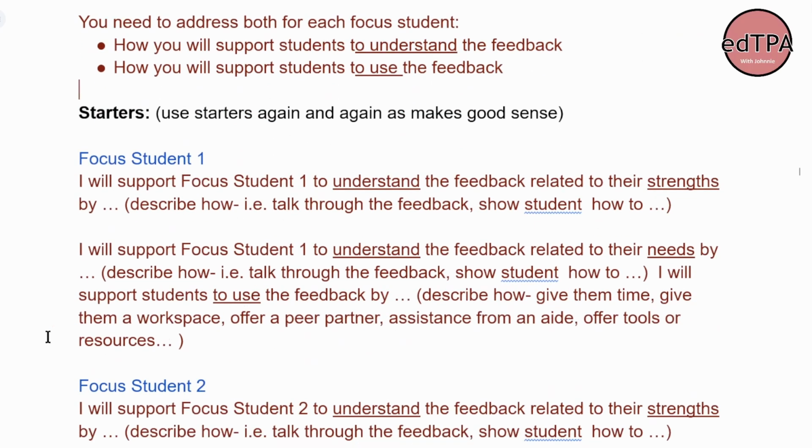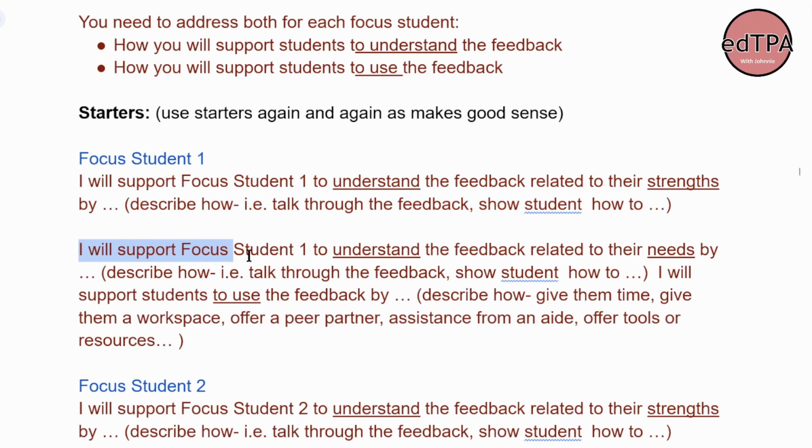Here's some starters. For focus student 1, I will support focus student 1 to understand the feedback related to their strengths by, describe how, talk through the feedback, show students how to.